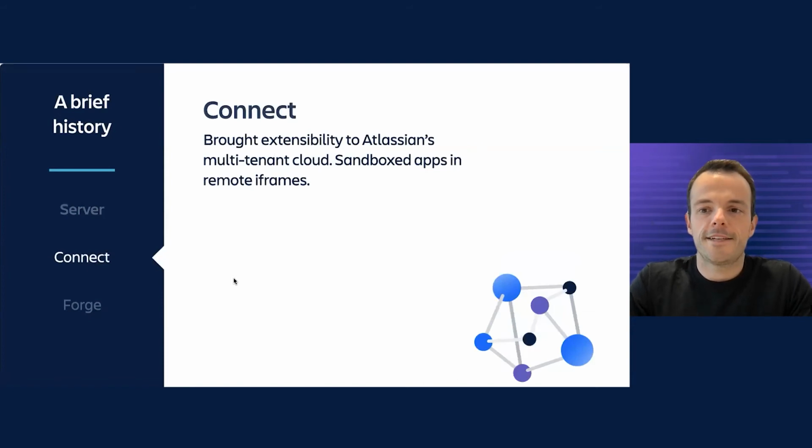But then Atlassian started on its journey to the cloud, and this multi-tenanted environment, meaning there's multiple customers running on the same machines. And so it was no longer feasible to let developers inject their arbitrary Java code directly into our product, because it would also affect the experience of other customers.